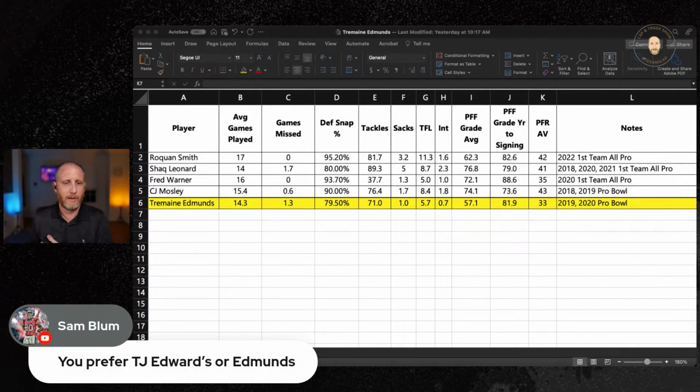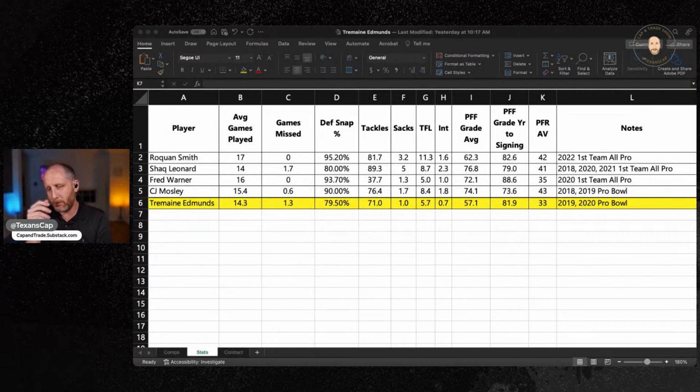And before we do that, Sam asked, do you prefer TJ Edwards or Edmunds? So right now, it'd probably be Edmunds. I'd have to go back and dive a little bit more into TJ Edwards. Both are very young, both are very good linebackers. I think Edwards is more of a product of the defensive front that Philadelphia has.